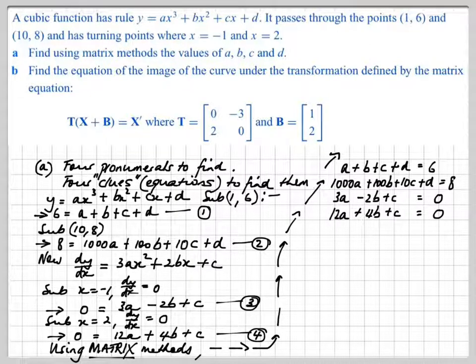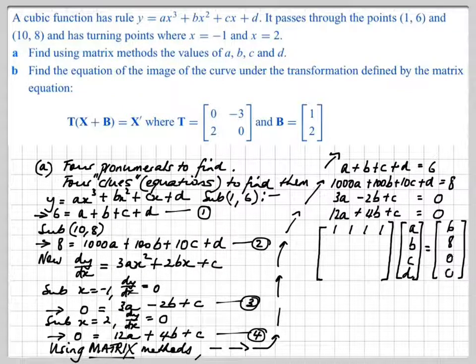Now, here's my question to you. Do you know how to turn that into a matrix equation? Well, if you don't, you better go back and revise your matrices because it's very, very easy once you know how. Here it comes. Good heavens.